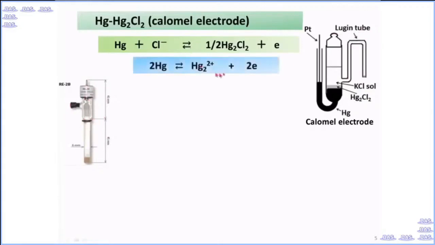The reaction about mercury and mercury divalent ion, the potential representation is like this.